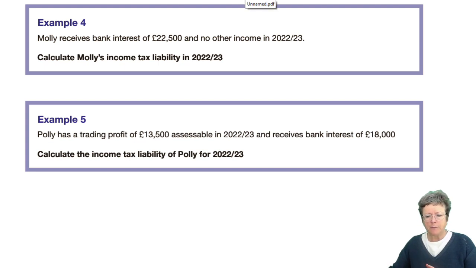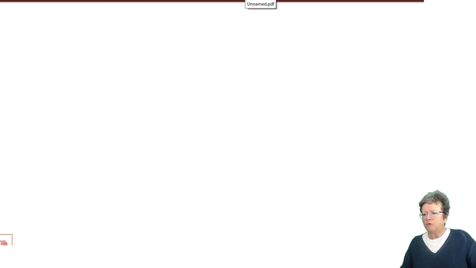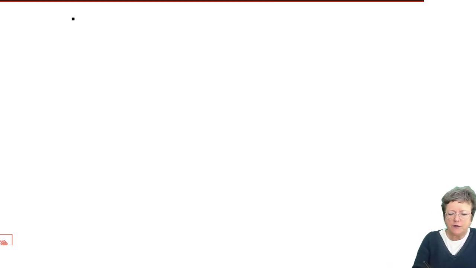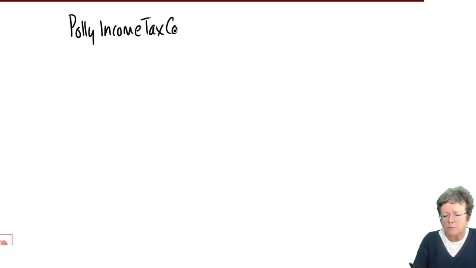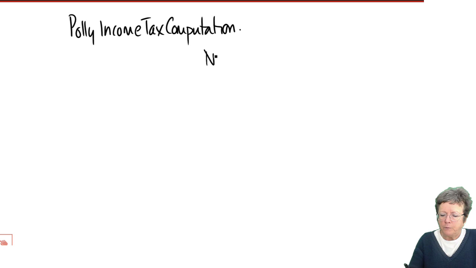So let me get a clean page and we'll repeat the process. So this is Polly's income tax return, tax computation. And she has both non-savings and savings income.